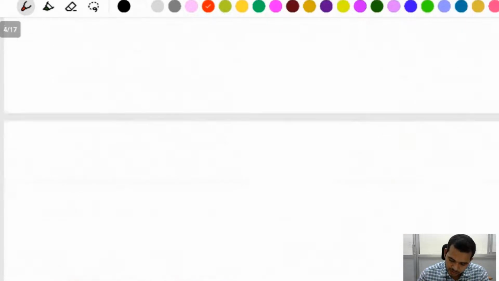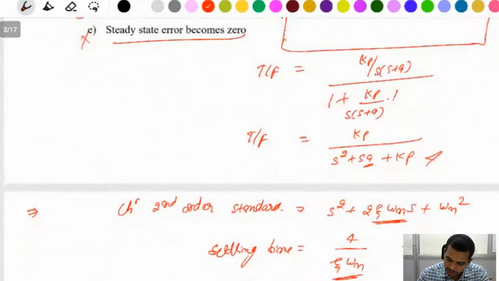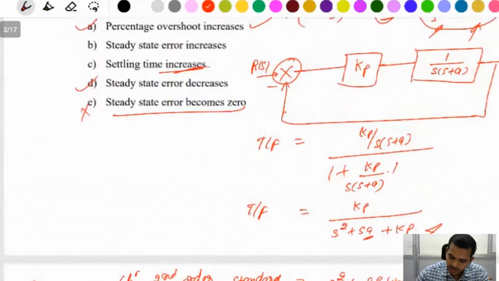Same system I will take. I am taking the same system like this one, and introduce Ki here.